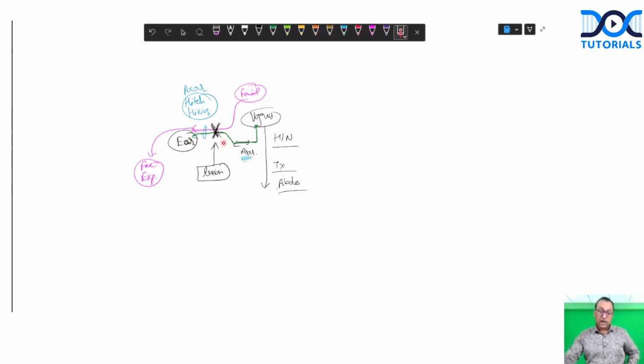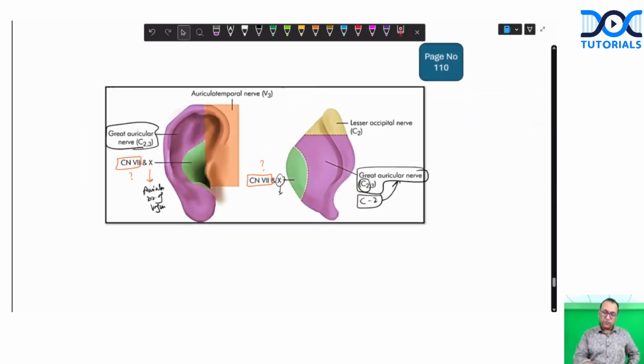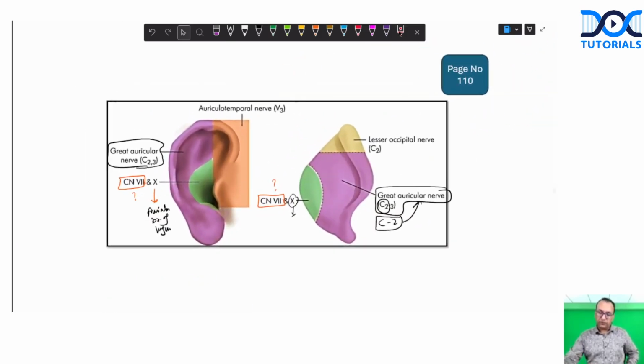That is why it is written here that the area is supplied by, of course, the vagus; the first answer will always be vagus. But if vagus is not given, your second answer is the facial nerve. So you have to understand why the facial nerve is given here: because axons of vagus were hitchhiking on the facial nerve, and if you damage the facial nerve, those axons are also gone.